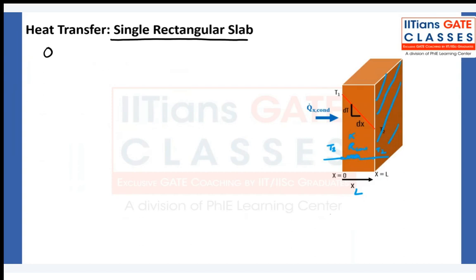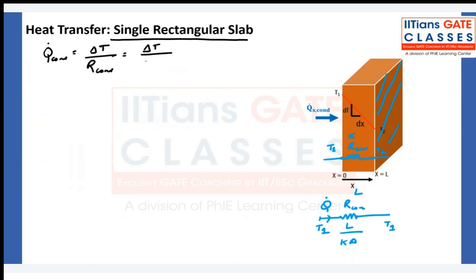If I draw this circuit, T1, T2, and this is your conductive resistance, L upon kA, and this is the heat transfer. So I can write Q dot conduction is equal to delta T upon R of conduction, which is delta T upon L by kA. Is it clear? I have done nothing new.